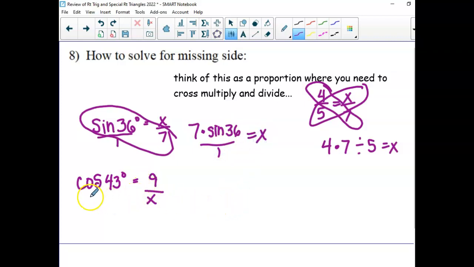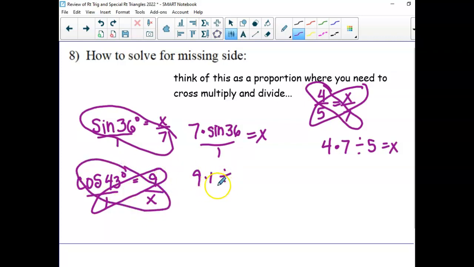If I had this situation, though, what will happen? X is down here, so I'm going to do 9 times 1 divided by the cosine of 43. I don't want to put it there.